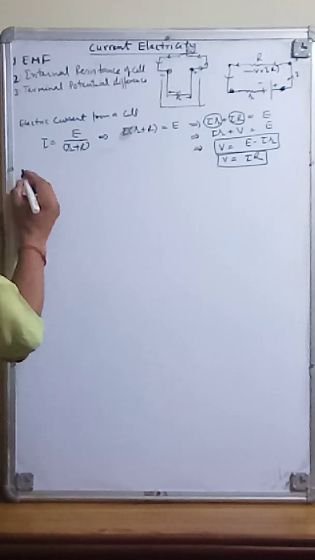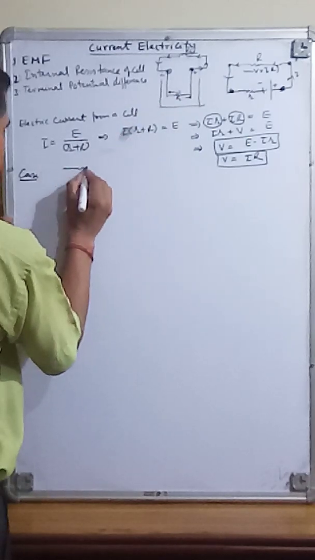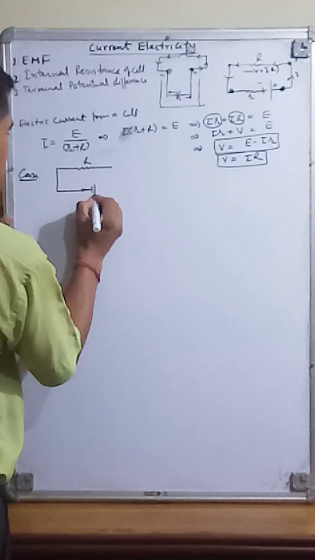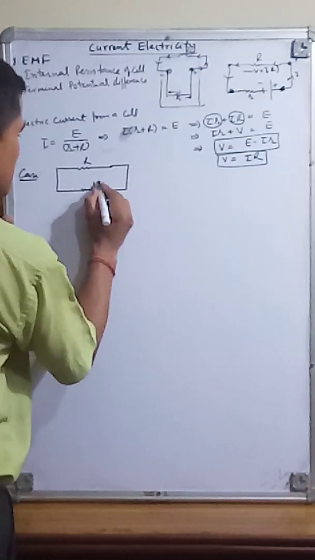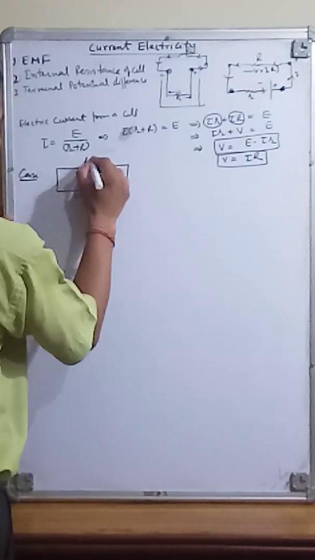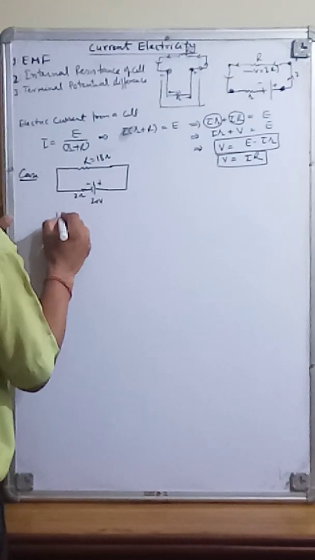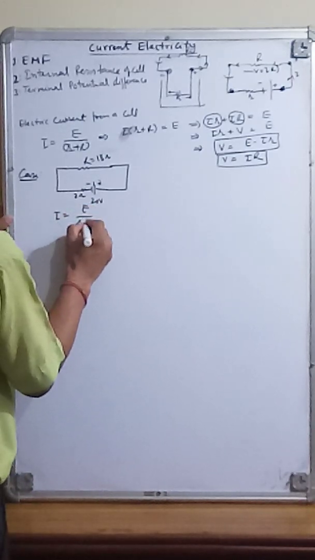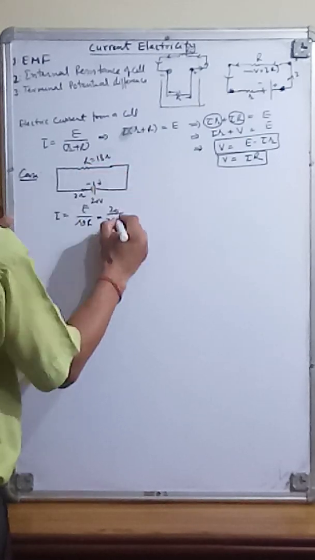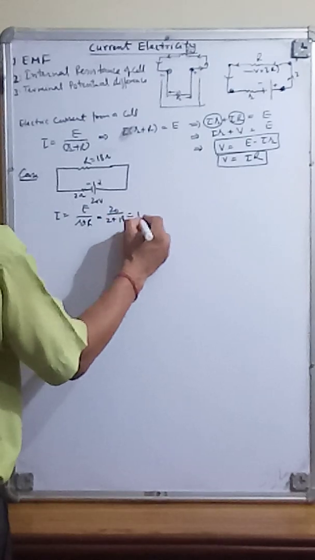Now the first case: this is the external resistance R, this is the internal resistance r, and this is the cell with positive and negative terminals. Suppose the cell is 20 volt with internal resistance 2 ohm, and the external resistance is 18 ohm. In this case, I is equal to E upon R plus r, so 20 upon 2 plus 18, which comes out to be 1 ampere.